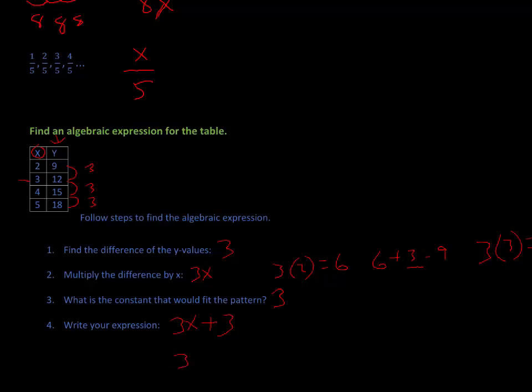If we took 3 times 4 plus 3, what would we end up with? Well, 3 times 4 is 12. 12 plus 3 is 15. And that's what we're supposed to get. So where x is 4, y would be 15. And it works out.